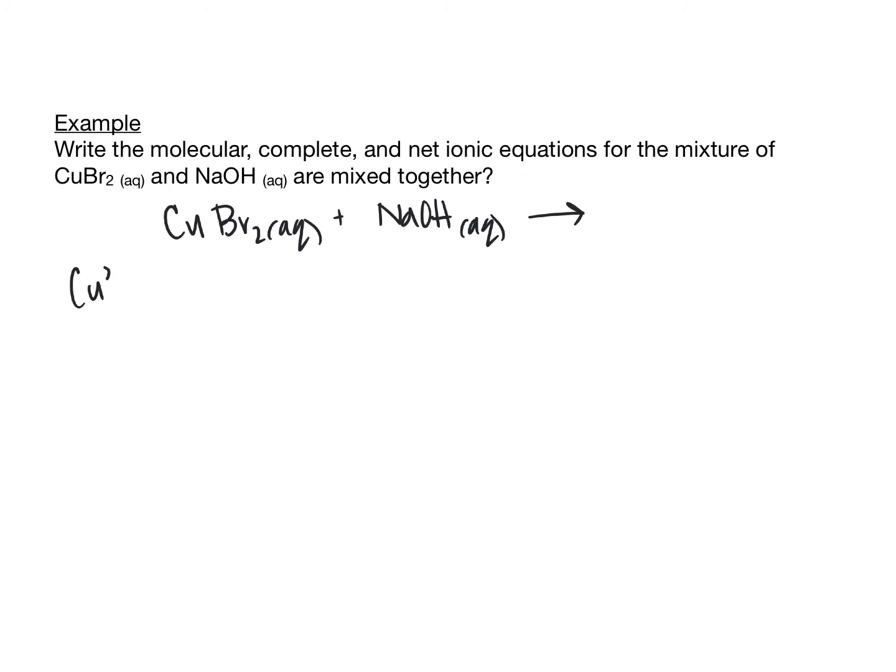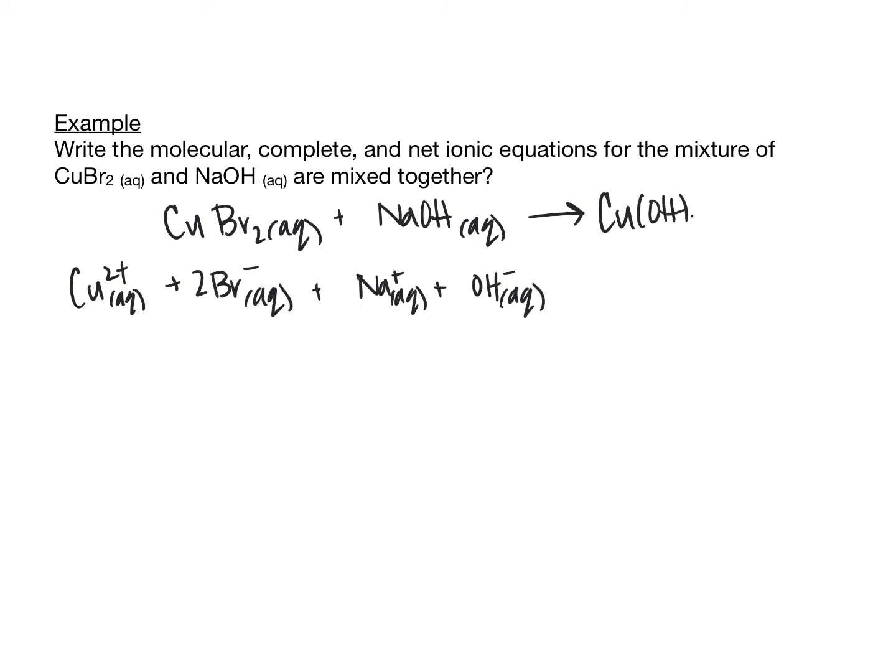So we get copper 2 plus aqueous plus 2Br minus aqueous plus Na plus aqueous plus OH minus aqueous. So this makes it really easy to see how the copper interacts with the hydroxide, and that's going to give you CuOH2 plus NaBr.